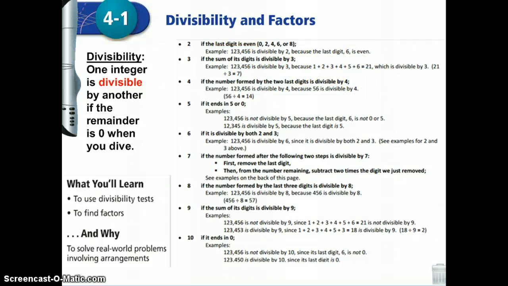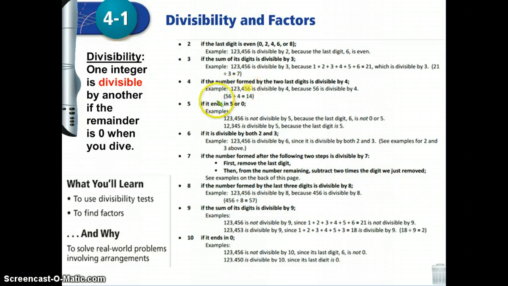Okay, let's move on to numbers 4 and 5. A number is divisible by 4 if the number formed by the last 2 digits is divisible by 4. So in this example, we're continuing to use this number 123,456. We look at the last 2 digits, which is 56.